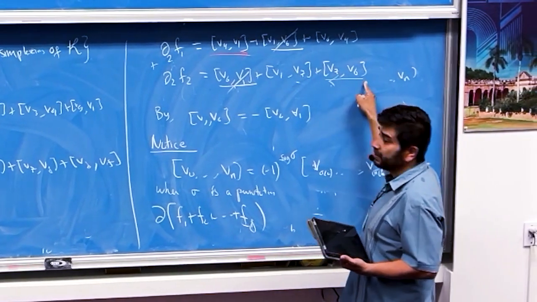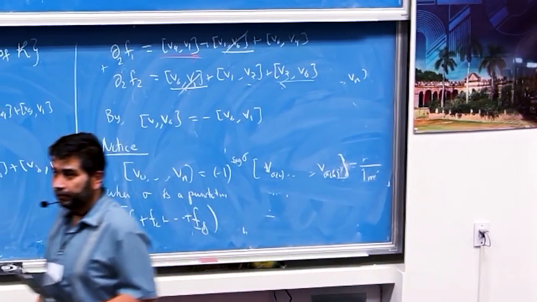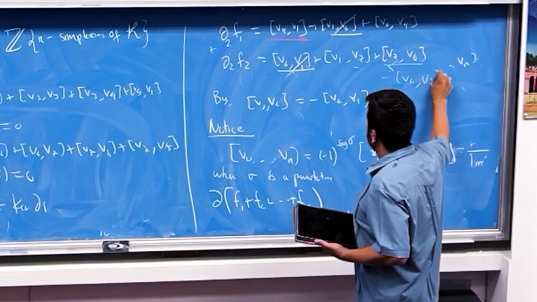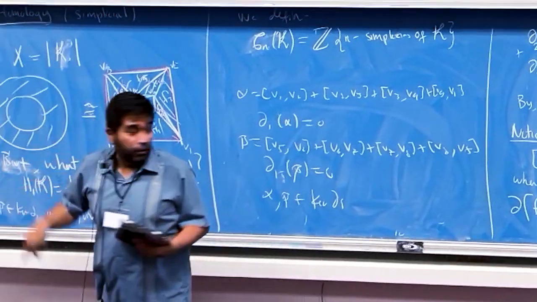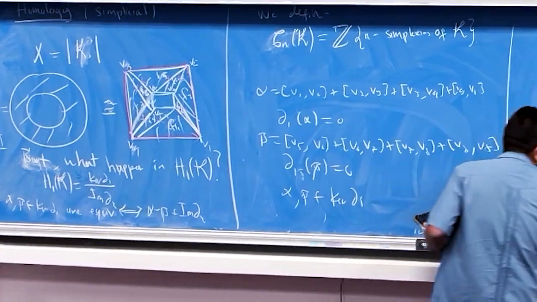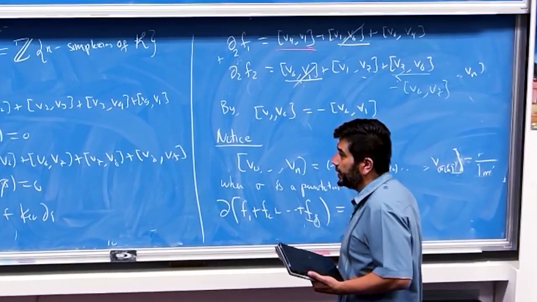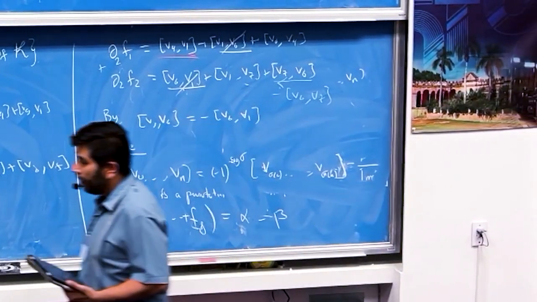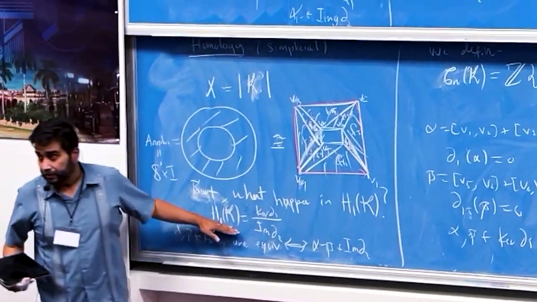It's giving me B6, B7 in the opposite direction. So this is minus B6, B7. And so after I add up all of these things, you can check it, you can make all the computations, this is going to be alpha minus beta. So alpha and beta are equivalent in this quotient.